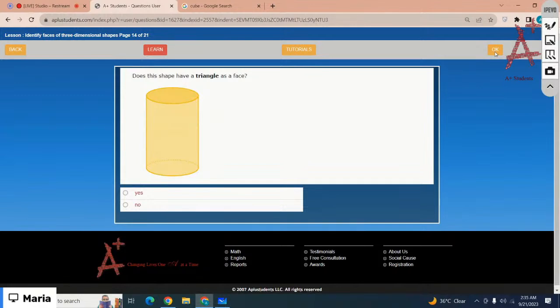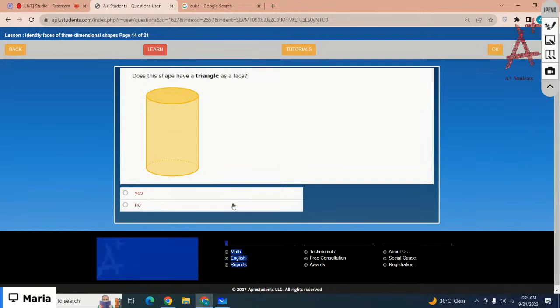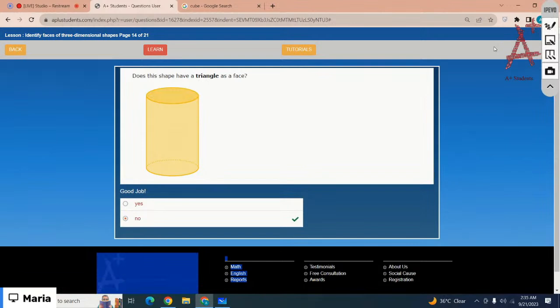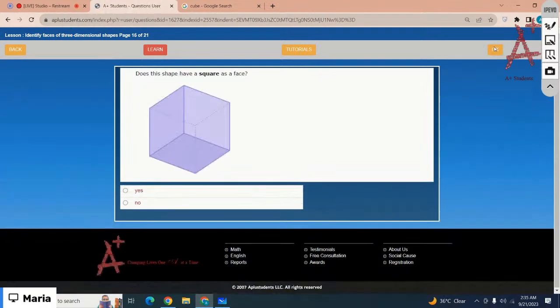Does this shape have a triangle as a face? The correct option is no, it does not have any triangle face.